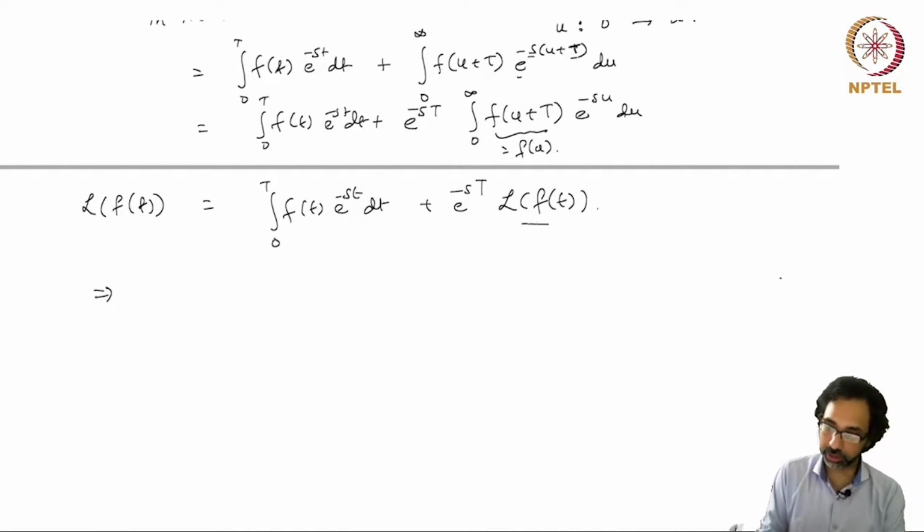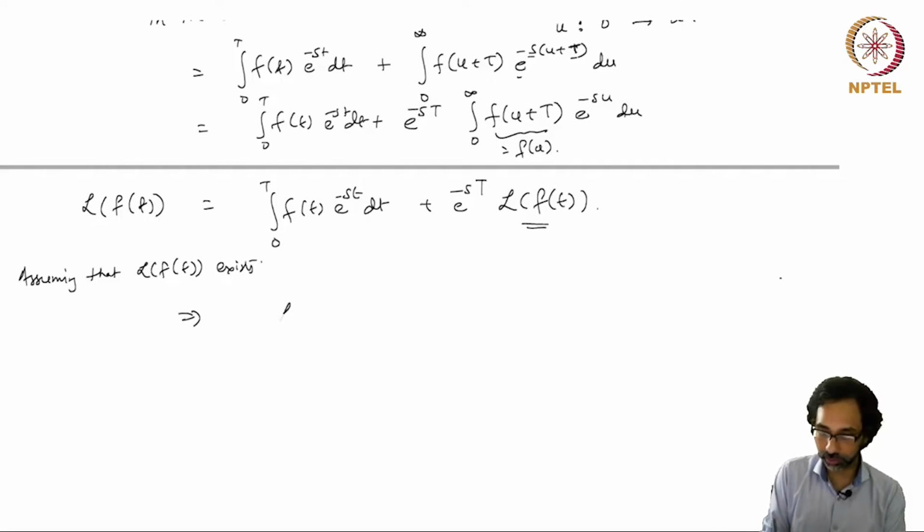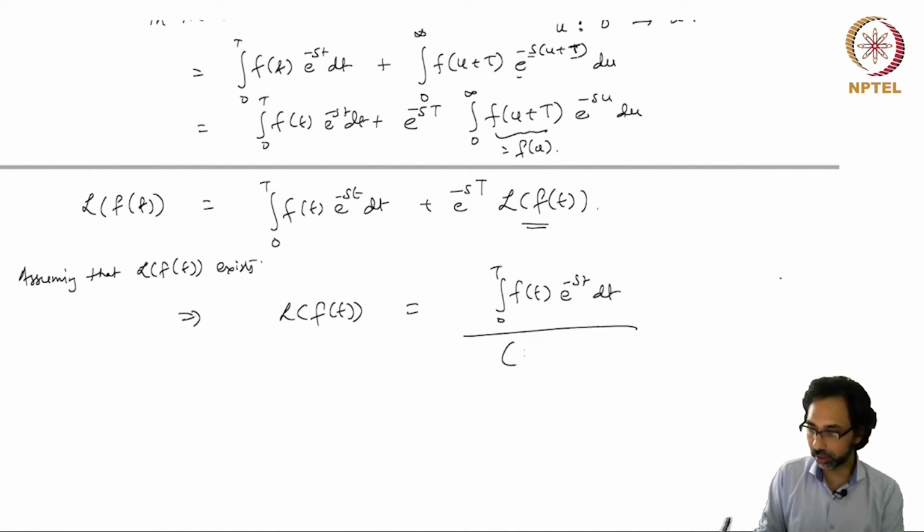So assuming that this is finite, assuming that the Laplace transform of f exists, this implies that the Laplace transform of f(t) is simply the integral from 0 to T of f(t) e to the minus st dt divided by 1 minus e to the power minus sT, valid for s greater than 0. So we have shown that the Laplace transform of f(t) is of this form.